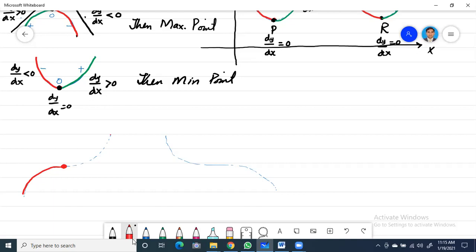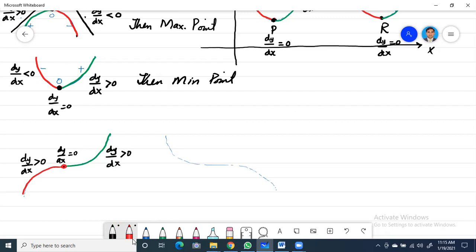Before the stationary point, dy by dx is positive. Dy by dx is greater than 0. At the stationary point, dy by dx equal to 0. After the stationary point, at this portion, again dy by dx is positive, mean in the same way, positive.